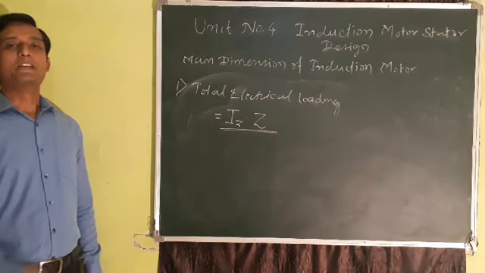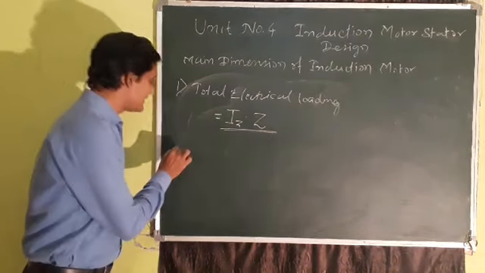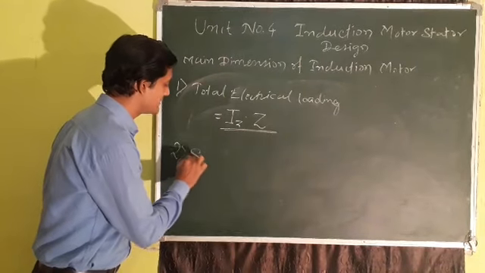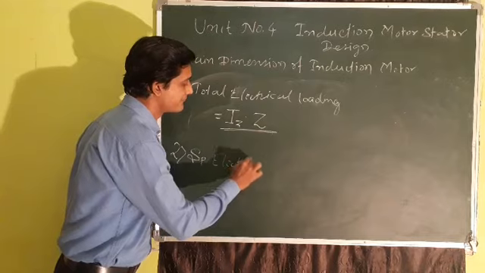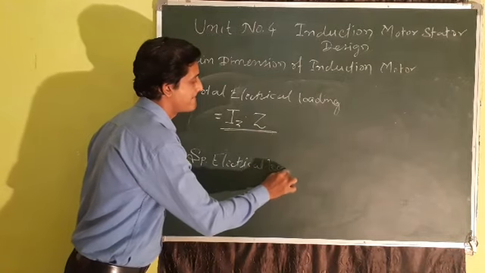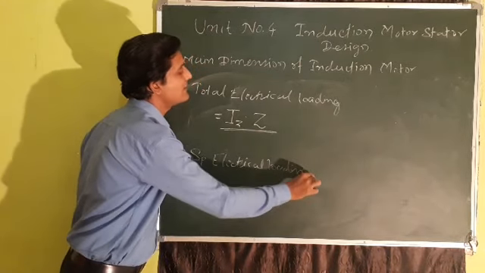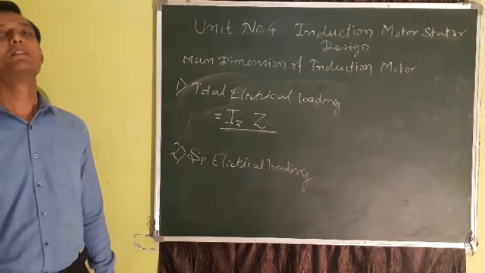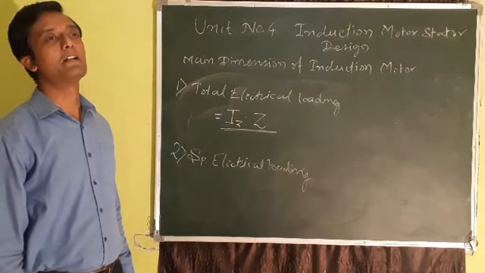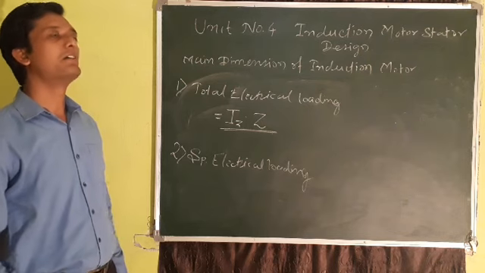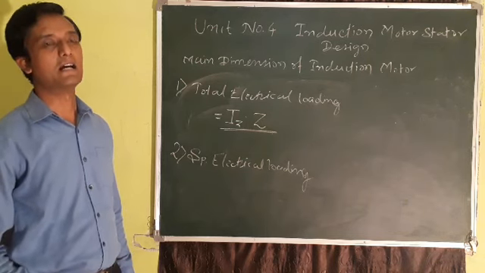Now from this we have the specific electrical loading. Specific electrical loading is the total ampere conductor around the stator periphery per unit area.